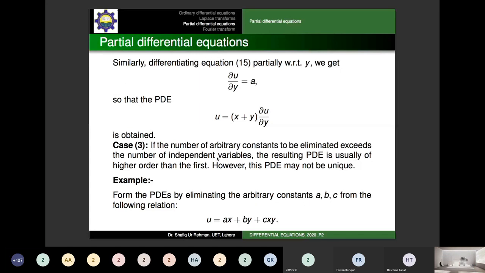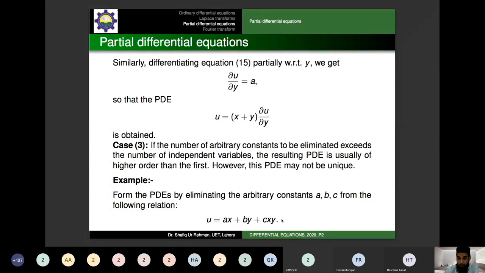So take an example. u is going to be a function of x and y, as you see in this relation, but having three arbitrary constants a, b, and c. So we need to eliminate them: a, b, and c, three arbitrary constants for a function involving two independent variables, x and y.